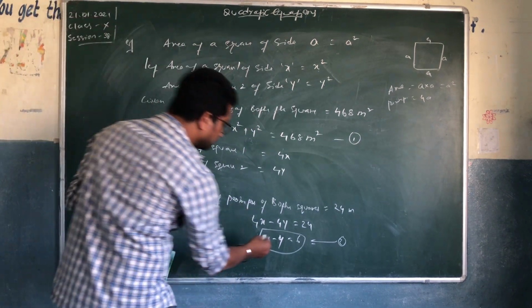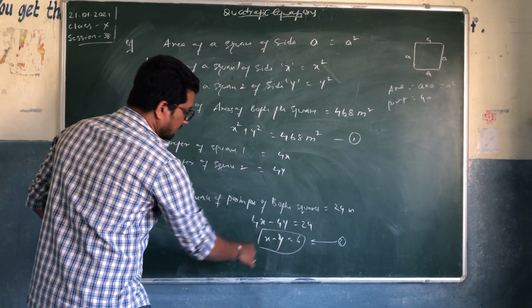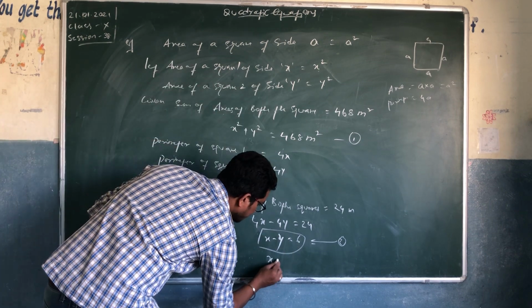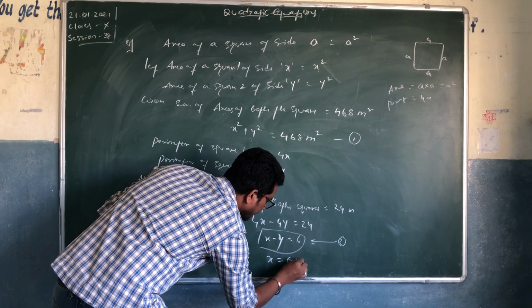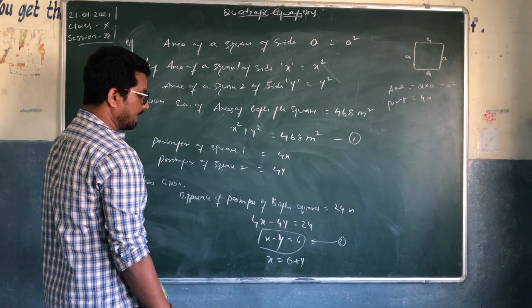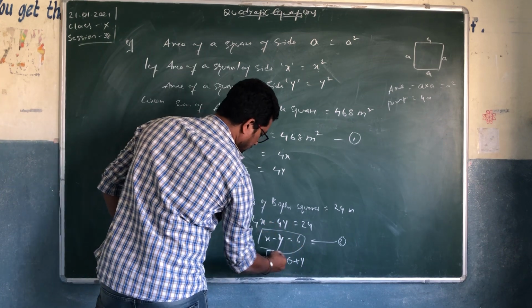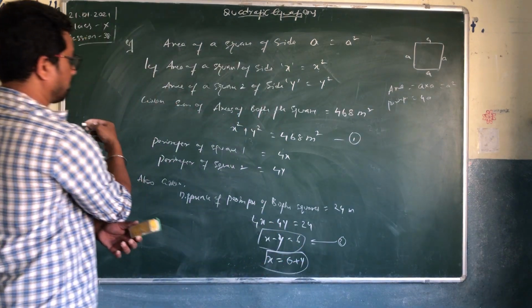From this, I'll find the x value, where I can write x is equal to 6 plus y. If this minus y goes outside, it becomes 6 plus y.